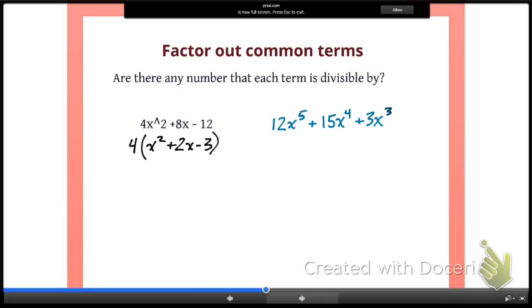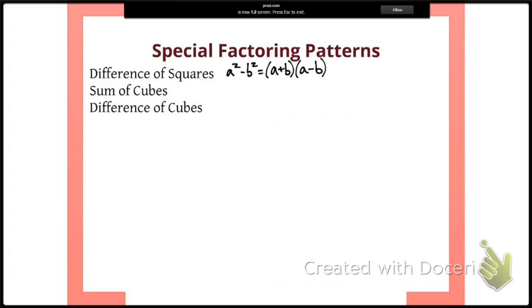And in this case, we know that they're all divisible by 3, and we know that they all share at least 3 x's, or x to the third. So we would say 3x to the third is our common monomial, and you divide each term by 3x to the third, giving you 4x squared plus 5x plus 1.